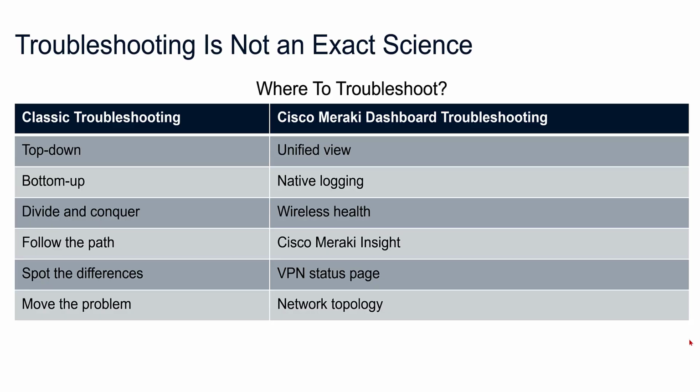Bottom up is the opposite. We're going from the physical layer up to the application layer, meaning at layer 1, is the interface up? Is the data link layer up, right? Show IP interface brief in the command line or something like that. Similar to that concept, are we seeing errors on the interface? Are we seeing cyclic redundancy check errors or duplex mismatches? We can look at VLAN tagging. We can look at routing.